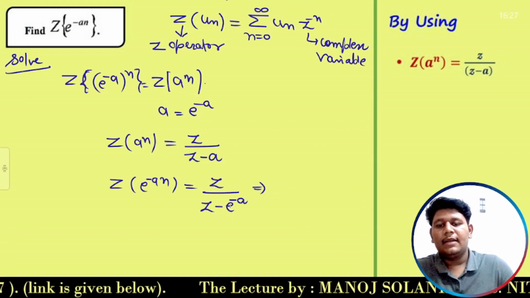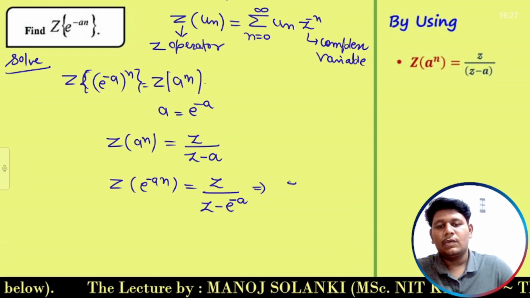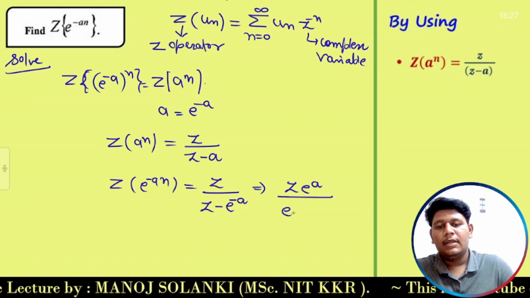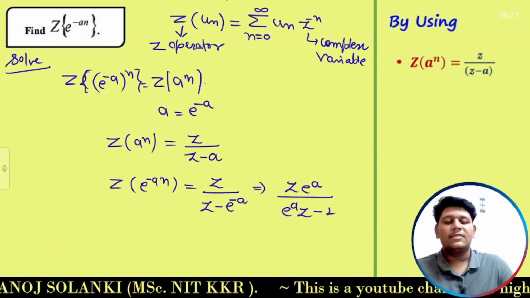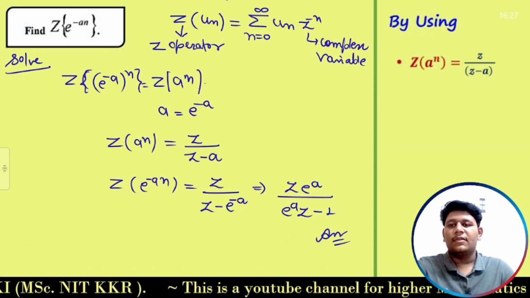And we can write this as z e to the power a upon e to the power a into z minus 1. So this is the answer for this question.